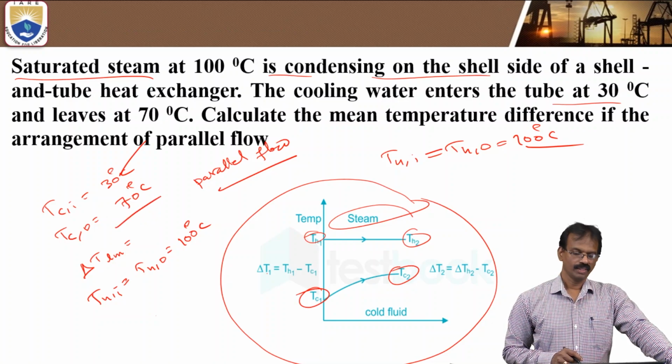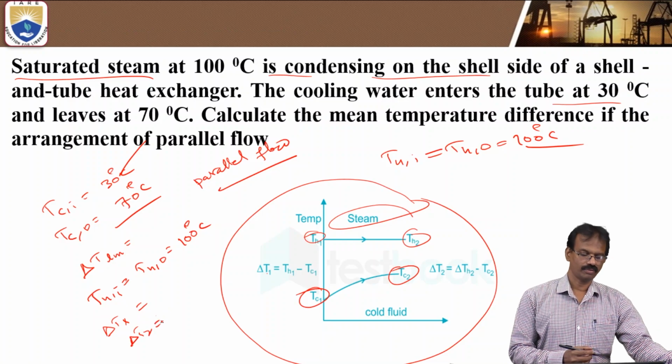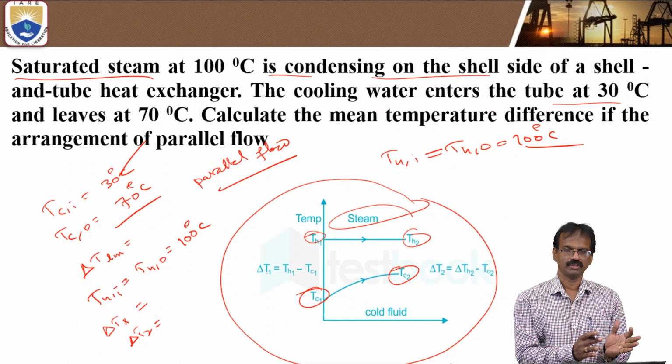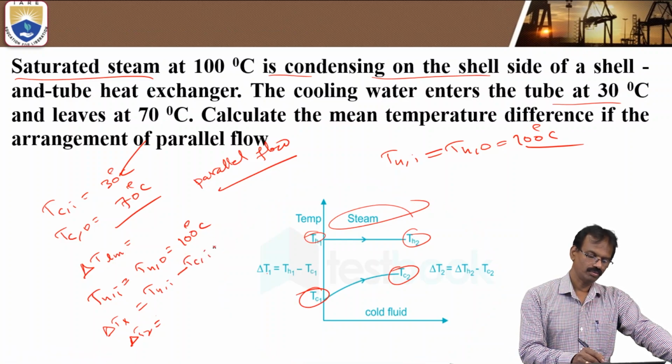Then you have to find out delta T1 and delta T2. For parallel flow, both the inlet temperatures are at one side and the outlet temperatures at the other side. Delta T1 is hot fluid inlet minus cold fluid inlet, that is 100 minus 30, equal to 70 degrees Celsius.